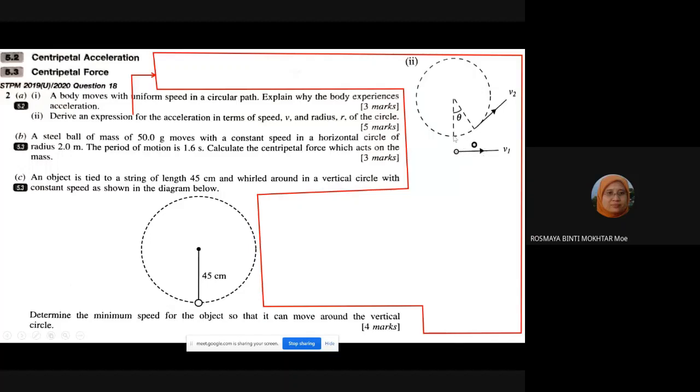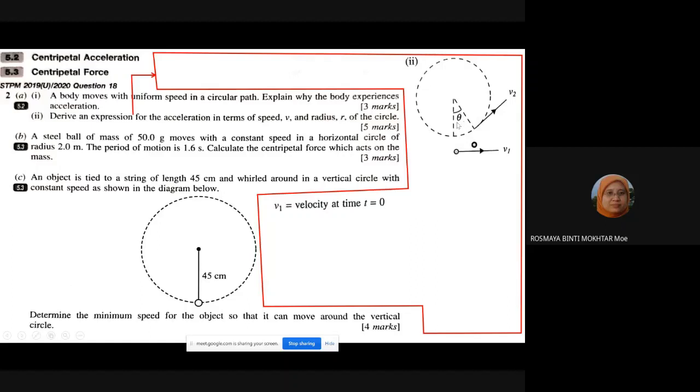This one must be drawn here; it's a typing error. So v1 is tangent to the point and v2 is also tangent to the new point here. The object moves from here to here with angular displacement theta.